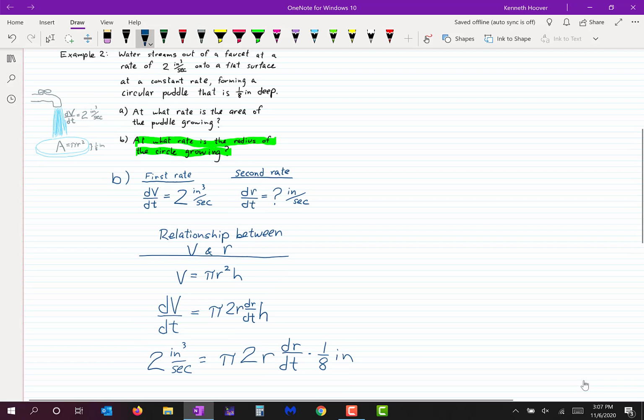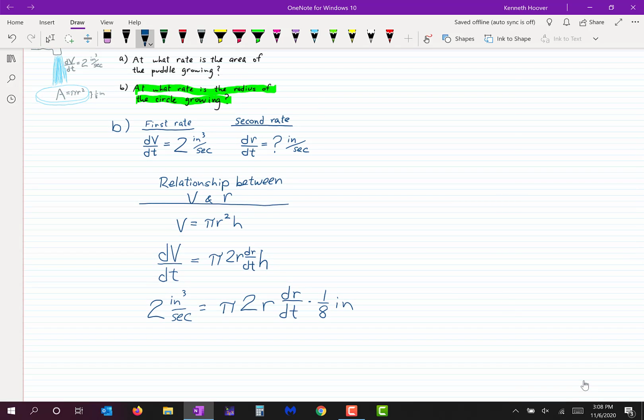So I need to divide both sides by pi, divide both sides by 2, divide both sides by r, even though I don't know how big the radius is. That's okay. I'm just going to divide both sides by r and multiply both sides by 8, right? Do you agree with that? What are you going to come out with if you do that on the left? Don't worry about the units yet. Do you agree that you're going to come out with 8 over pi r?